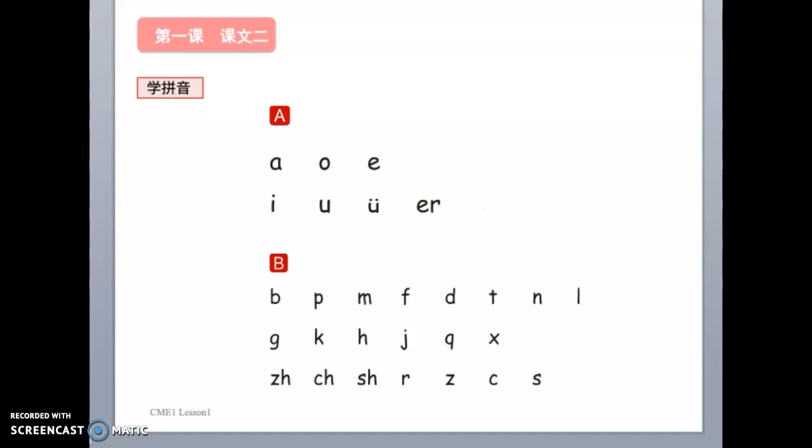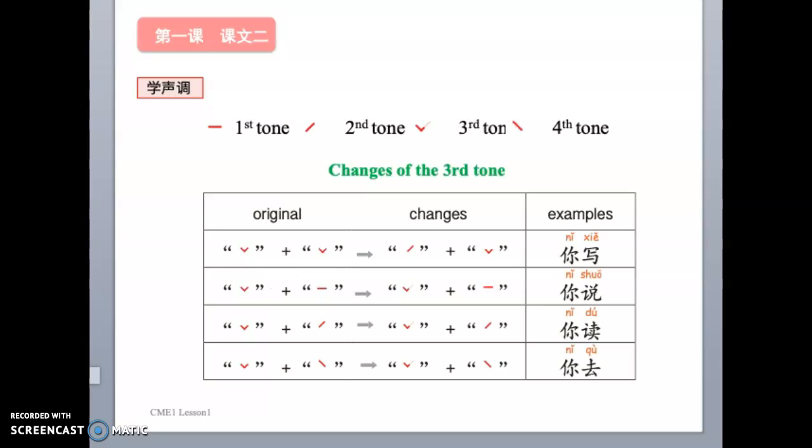Here they're working on vowels and consonants. And we pretty much emphasize those as we learn the words. And tonal changes. Again, we work on tones as we go in context. We don't emphasize that a whole lot in the beginning because it will come with acquisition.